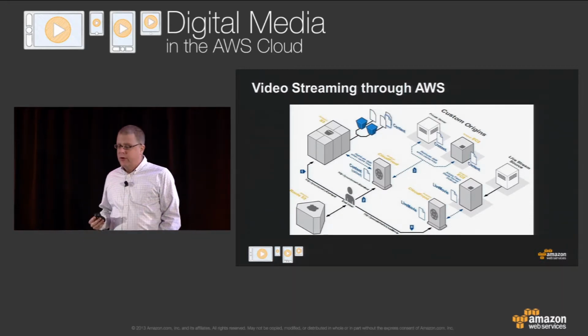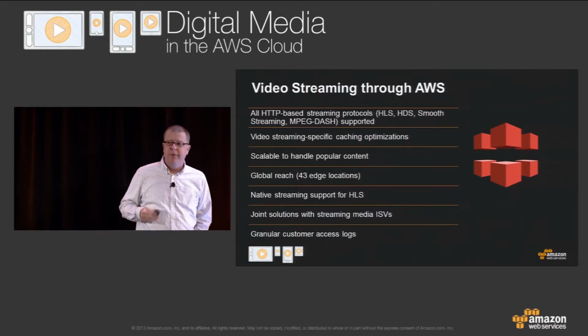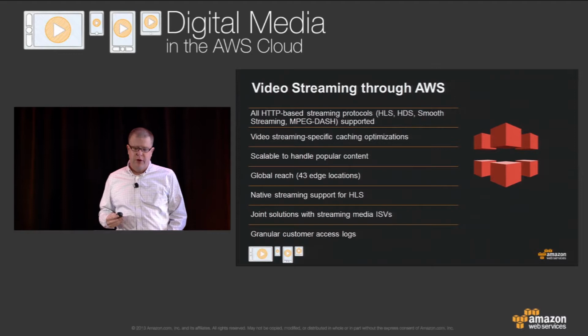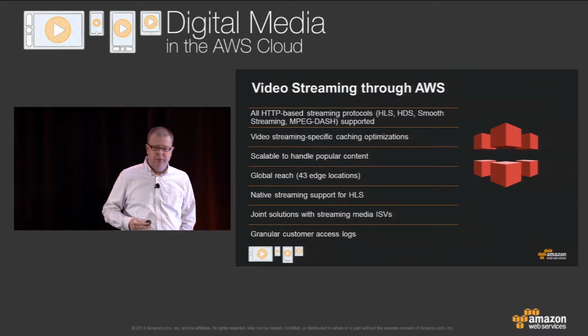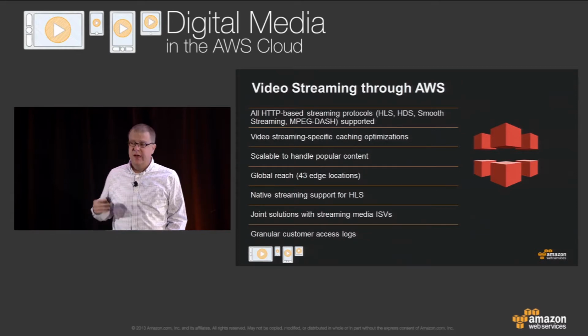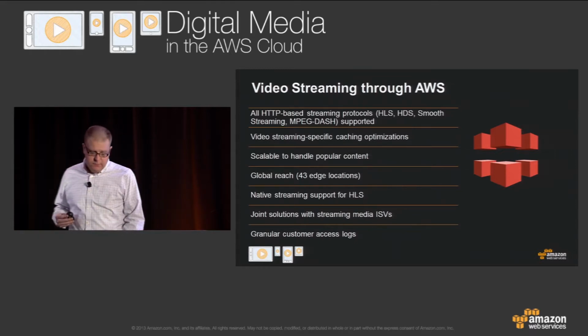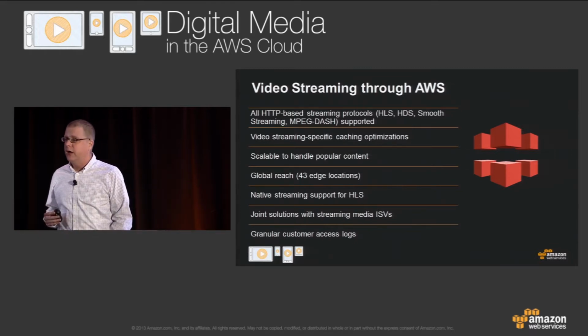What you can do with CloudFront, what you can do with AWS to stream video, we support all of the major HTTP-based delivery protocols. So HLS, which is Apple's HTTP Live Streaming, HDS, which is HTTP Dynamic Streaming from Adobe, Smooth Streaming, and MPEG-DASH. These are probably the four that you hear the most about. All four of those you can do using CloudFront.